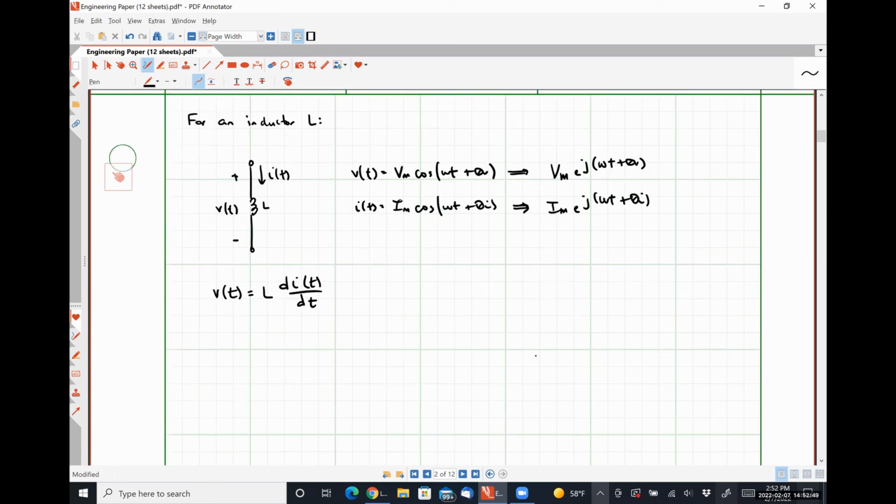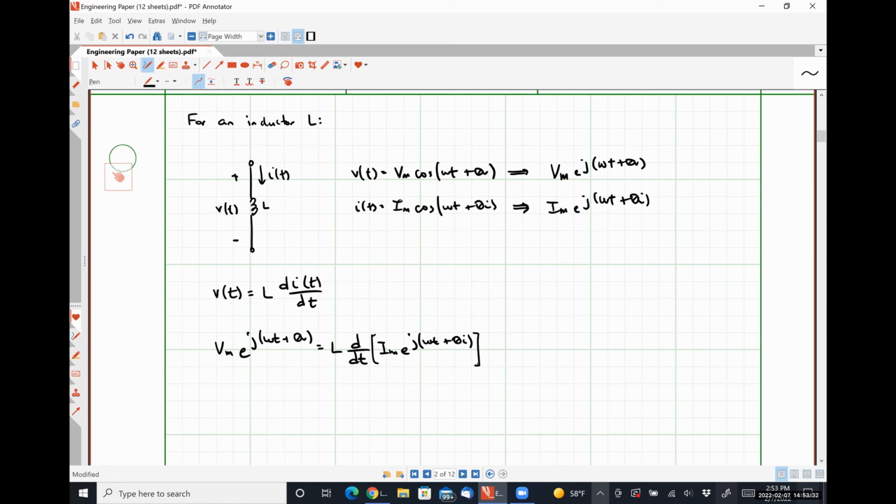So that's going to look like Vm e to the j omega t plus theta v is equal to L times the derivative of Im e to the j omega t plus theta I. Well, if I take the derivative of that mixed domain current, that's the same as multiplying by a factor of j omega.